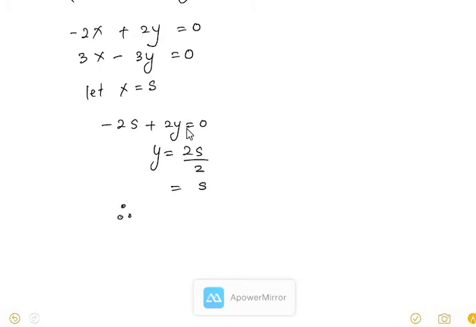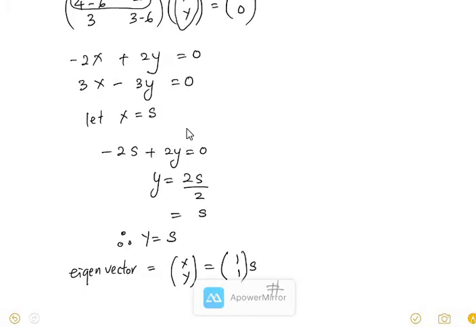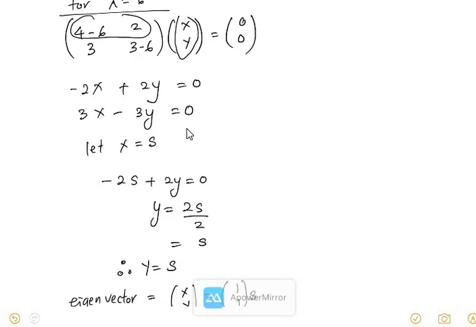So this means y is equal to s. So my eigenvector equal to x, y, where x is 1 and y also 1s. Okay, this is for lambda equal to 6.